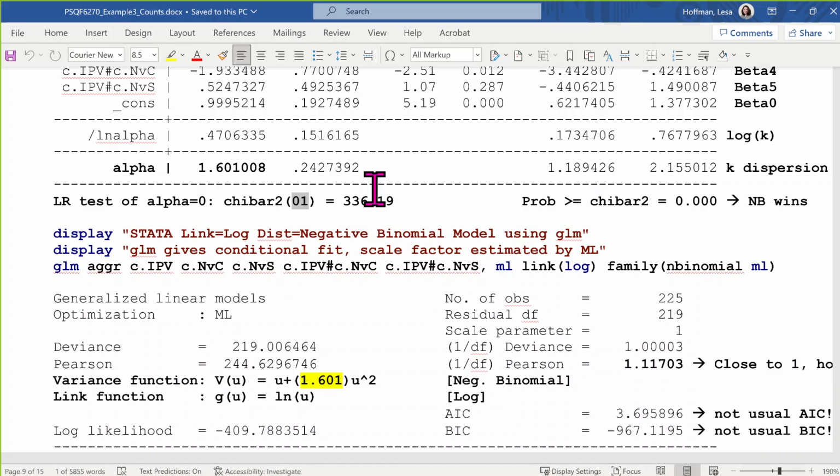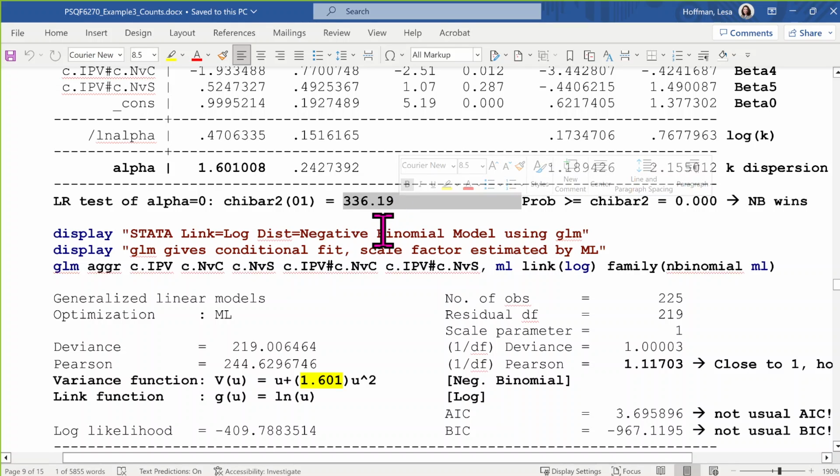So in practice, long story short, it cuts the p-value in half to do essentially a one-tailed test, because your k can only be positive and it can't be negative, so a one-tailed test idea makes sense. So that's why it's labeled this way, but the test statistic is 300, and by any standard, that would be a significant improvement.